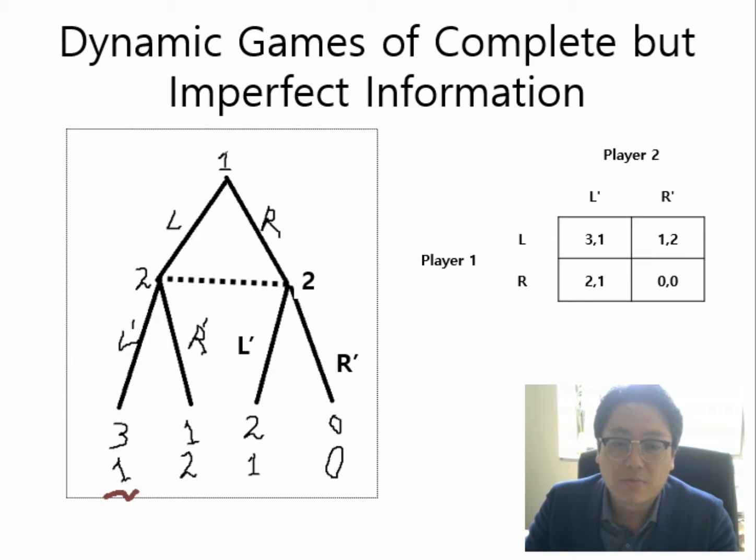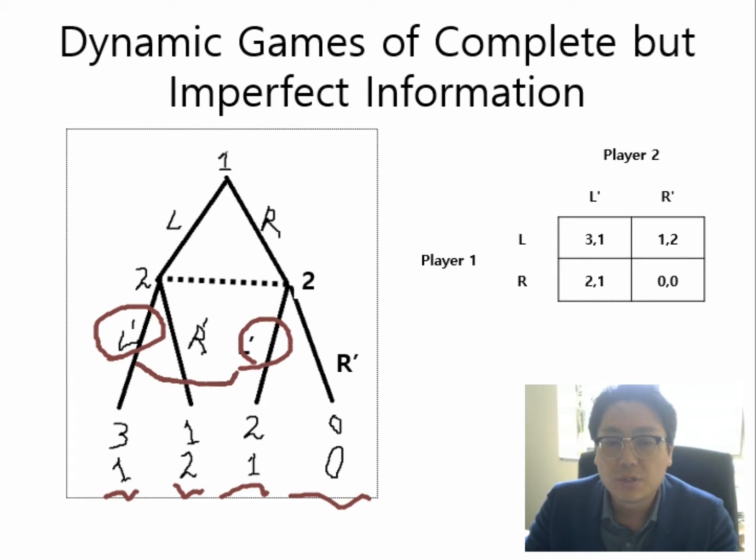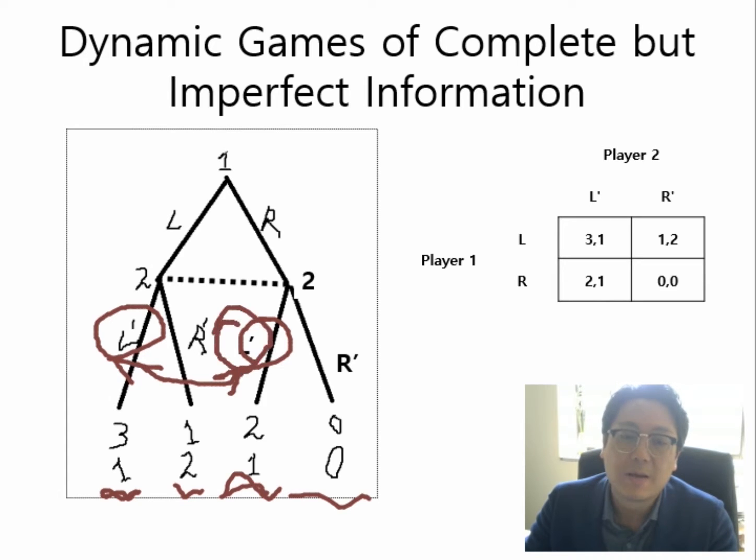But the outcomes can be different. Which means that when she takes this action or this action, even though she cannot distinguish which action she can take, the outcomes can be different. It also means that the second player cannot know what kind of outcome will happen by choosing these strategies or actions at this node.